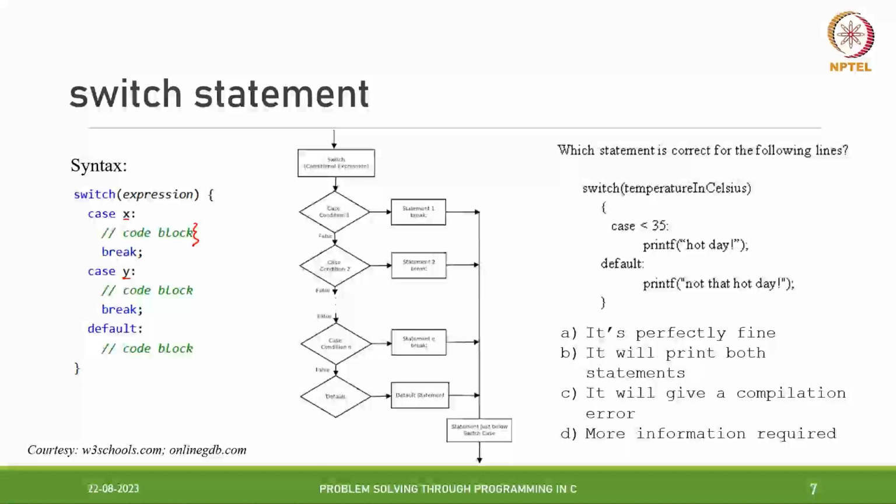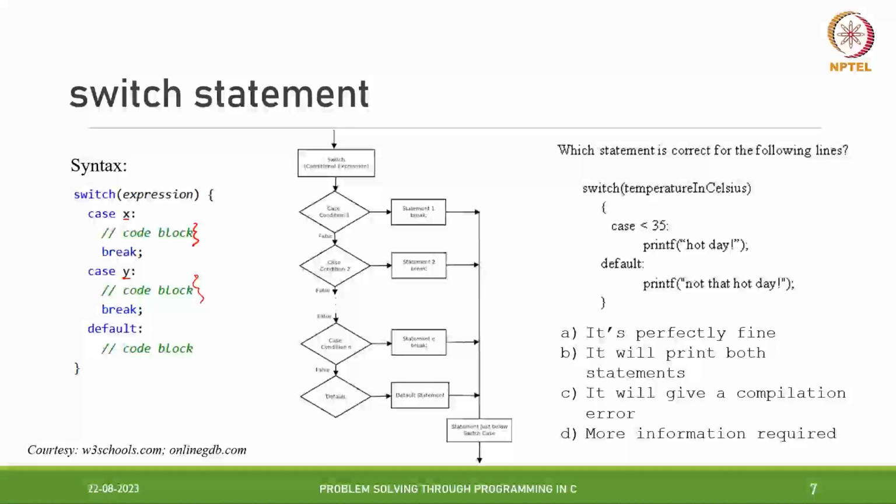Okay, the flowchart is not visible. Basically, it tells the same thing. You can see it later on in the PDF when I share it. For now, just the syntax I think is good enough. So what I was saying is, if the expression evaluates to the value of y, then this corresponding code block will be executed.